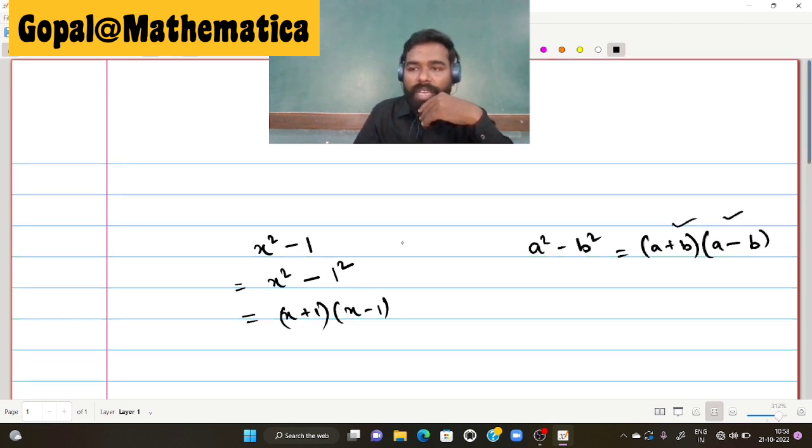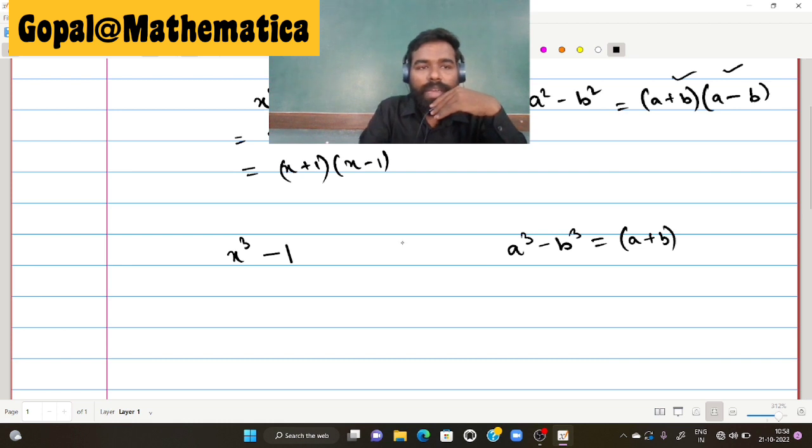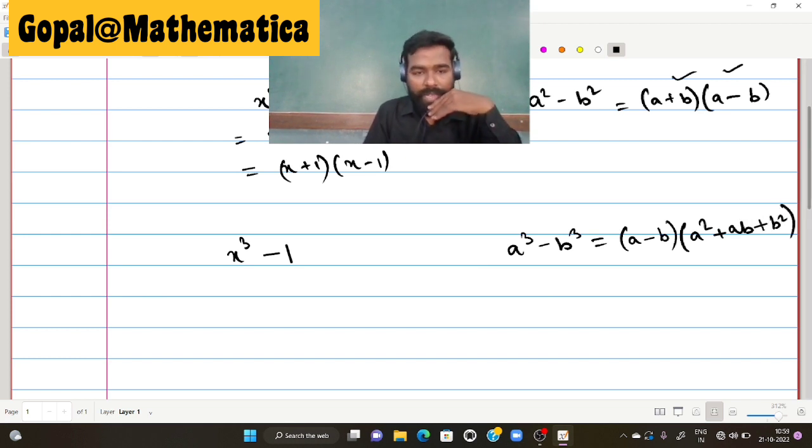Now if I increase the power like x cube minus 1, then also we have one formula, that is a cube minus b cube, and that is a minus b and a square plus ab plus b square. ठीक है, so we can use it here and calculate this as well. So एक बार calculate कर लेते हैं और देखते हैं कि factorization में क्या दिख रहा है.